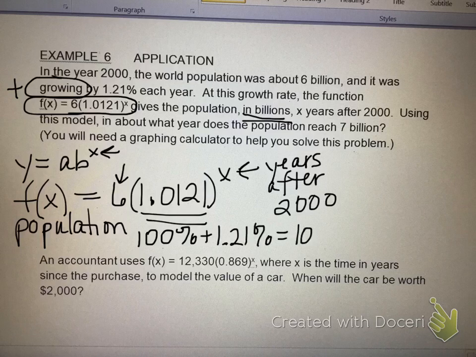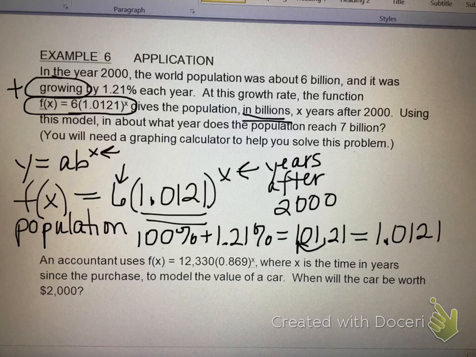And so you end up with 101.21%, which they converted into the decimal. You move your decimal back 2 places to change a percent into a regular number, and there it is. So remember, anything over 1 indicates population growth. If this number was less than 1, the population is not growing. It is actually declining, decreasing. We're going to lose population. We're going to have a number less than 6 billion. But instead, we're actually looking for a number greater than 6 billion.